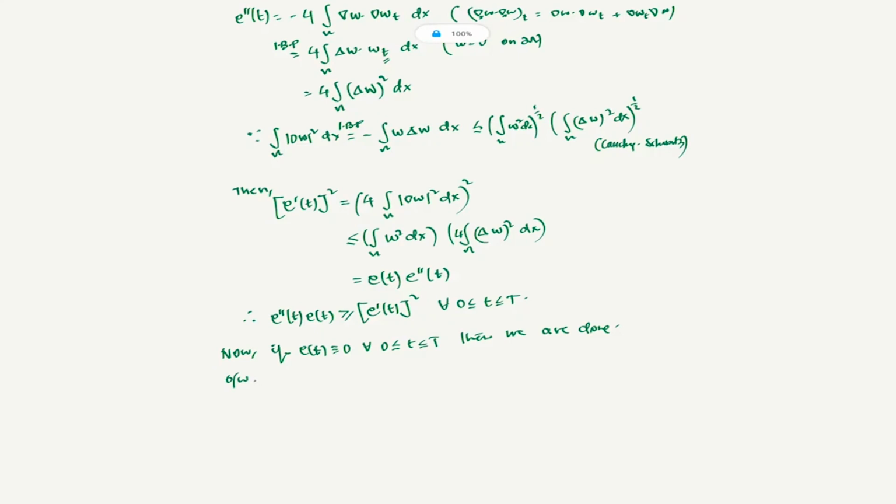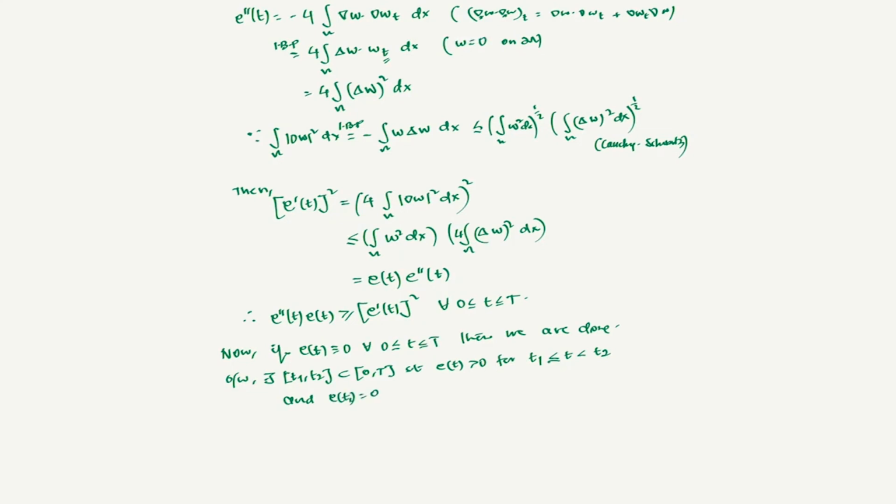let's say there exists an interval t1 and t2, contained in 0 to capital T, such that e of t is greater than 0 for t1 less than t less than t2, and e of t2 is 0. This is always true.